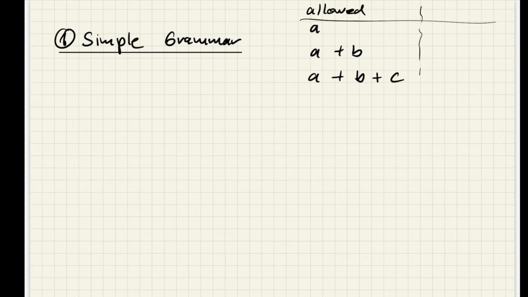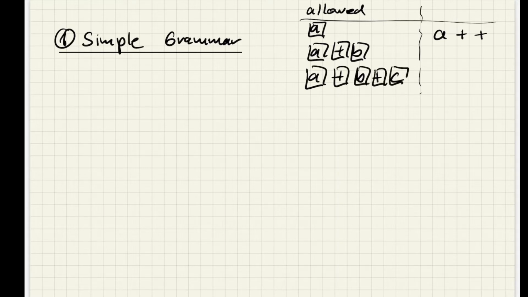But for example, something like A plus plus should not be allowed. And of course, we again just consider here the tokens. In this case, one symbol represents exactly one kind of token. Makes it simpler, but identifiers could be specified like in C.